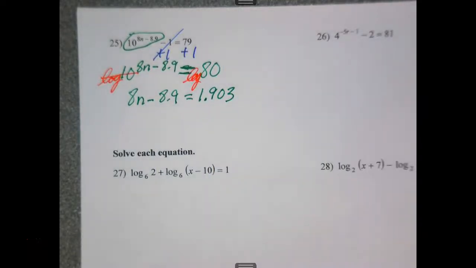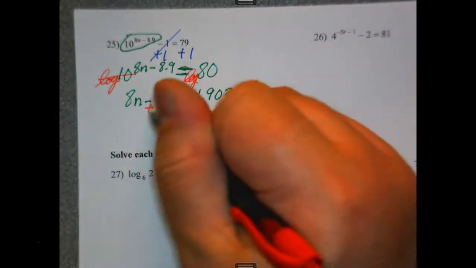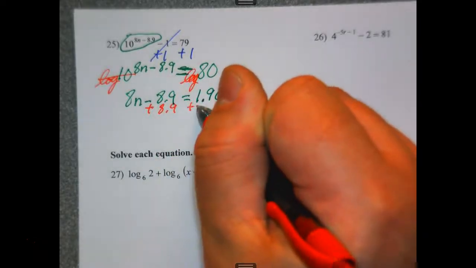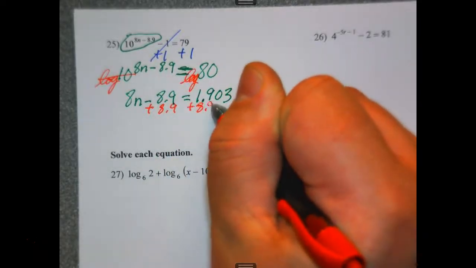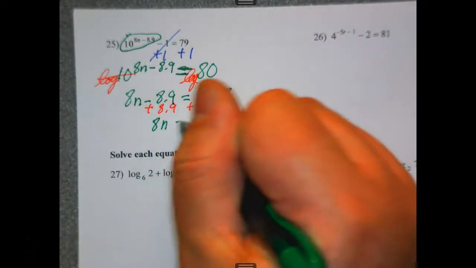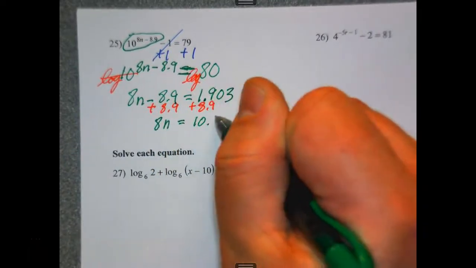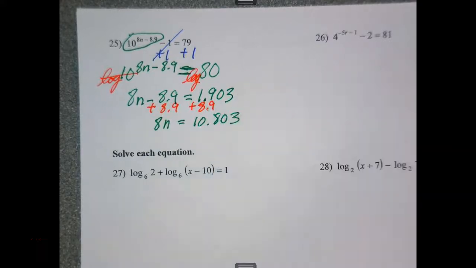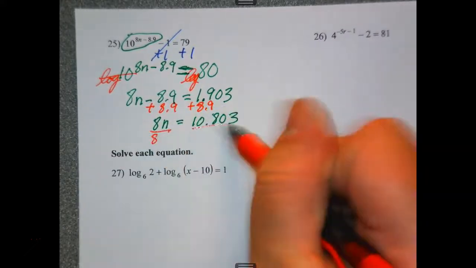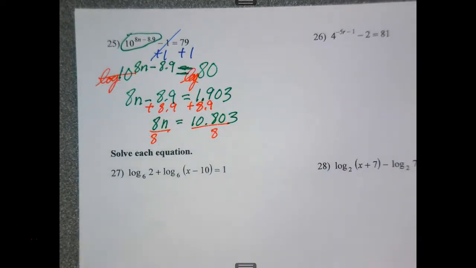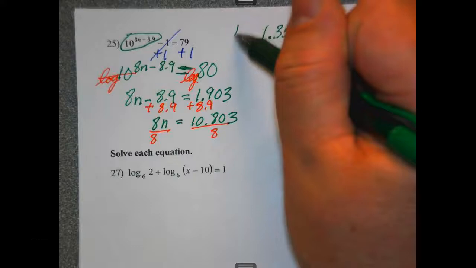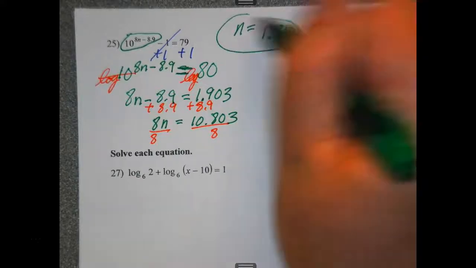Okay, add 8.9 to both sides. 10.803 and divide by 8. So n equals 1.350.